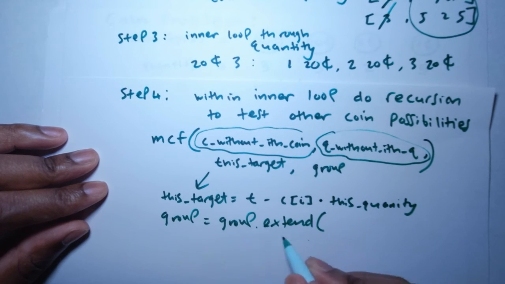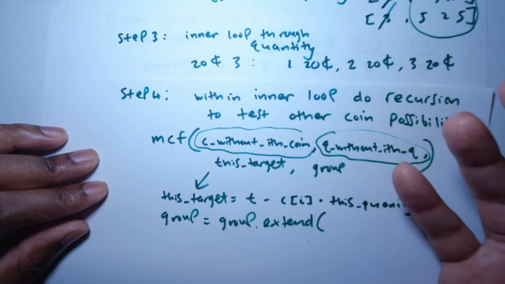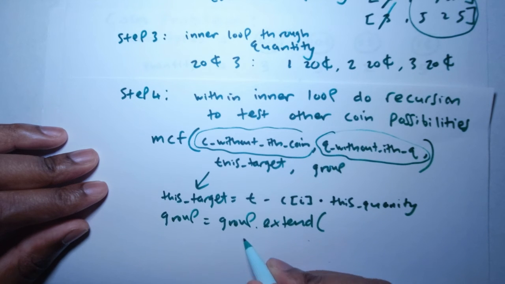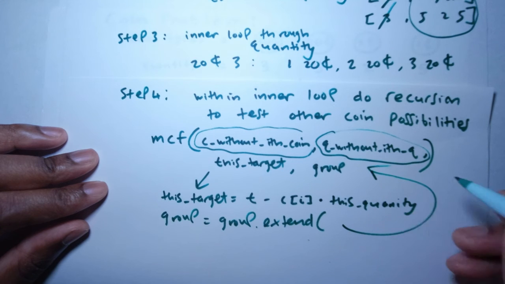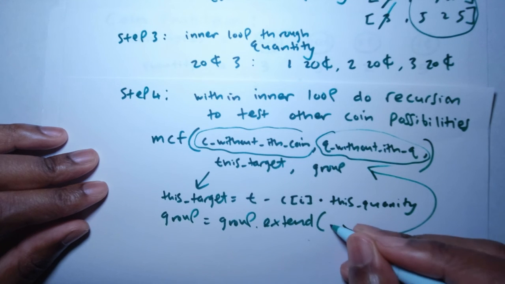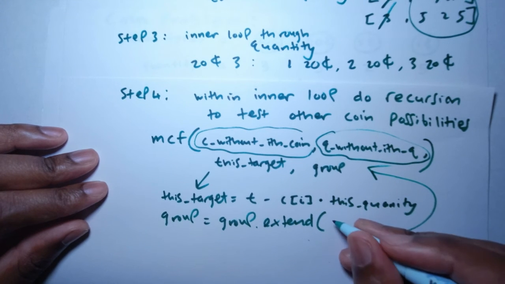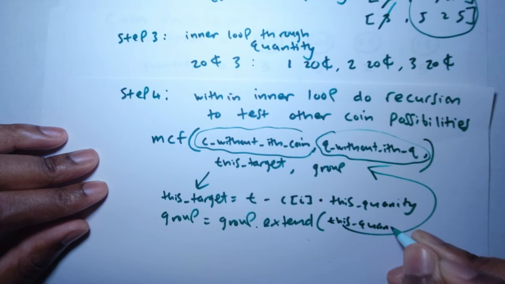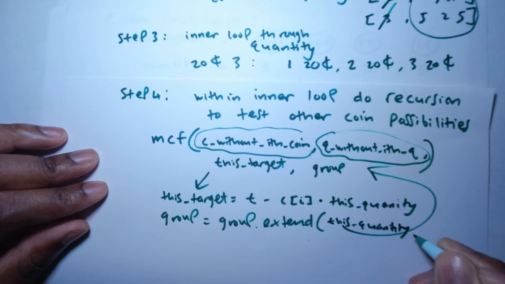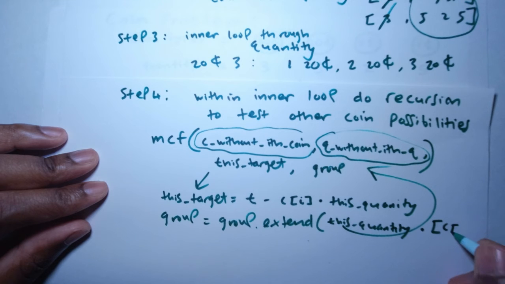And this is very Pythonic language. Again, I'm not really trying to get too caught up with the language. What's important here is that whatever coins you have selected, you want to pass that into your function again. So here I would represent that as whatever we have for this quantity, and then times a list of coins.